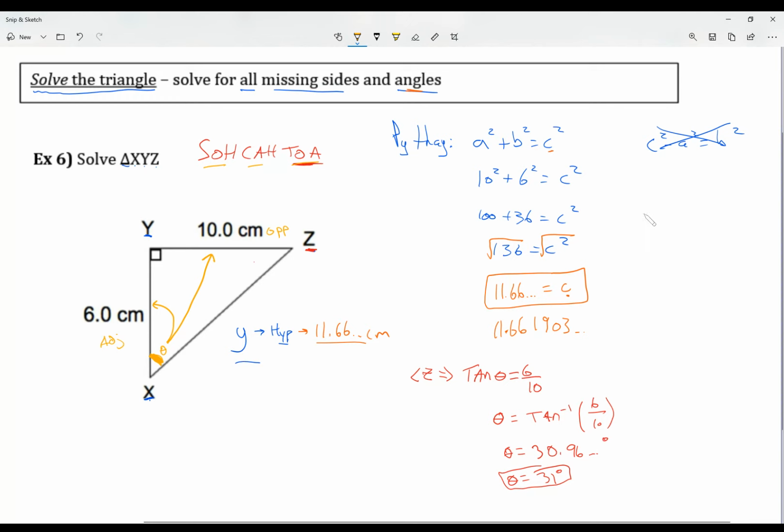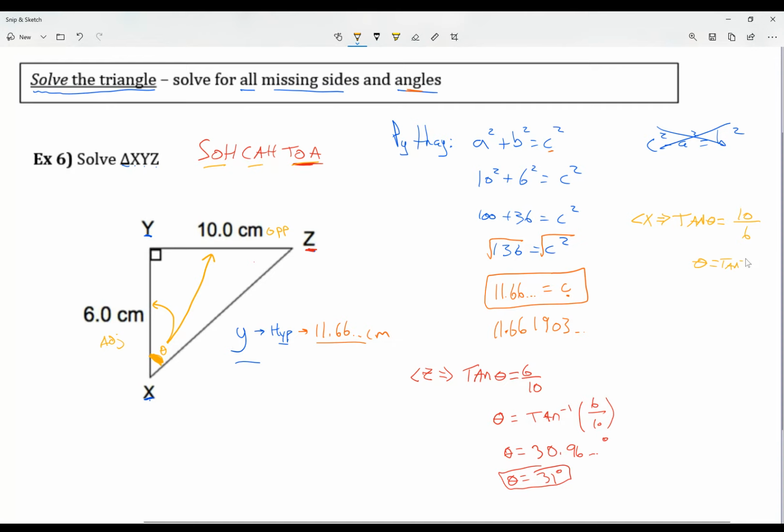So to find angle X, because I have the opposite and the adjacent, I'm going to use tan again. The tan of theta will equal the opposite, which is 10, over the adjacent, which is 6. And I'm going to go through the same process to find theta alone.